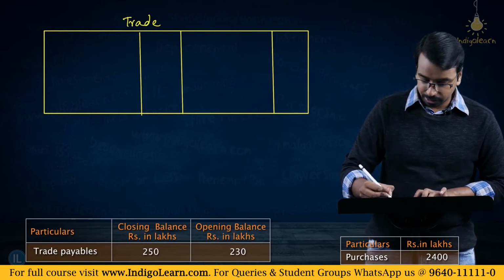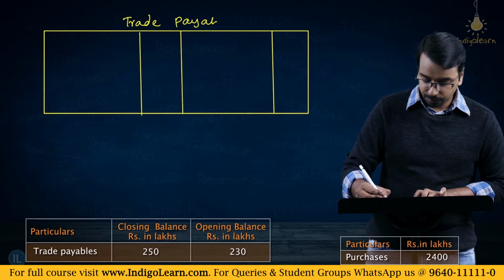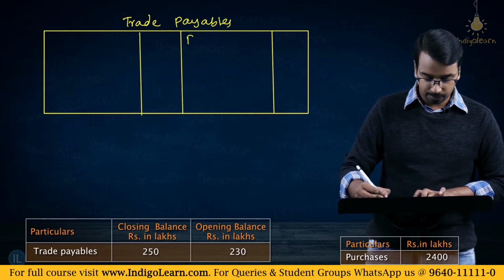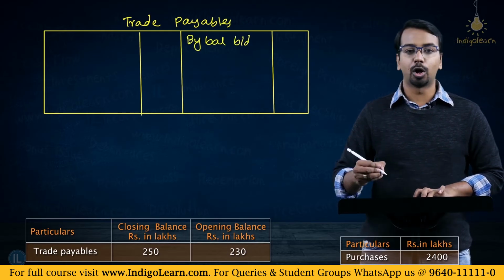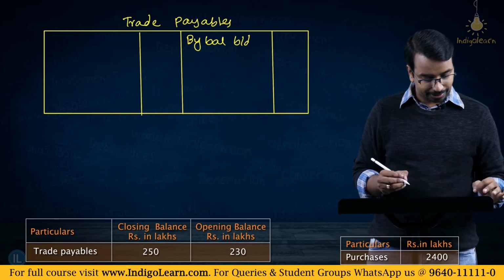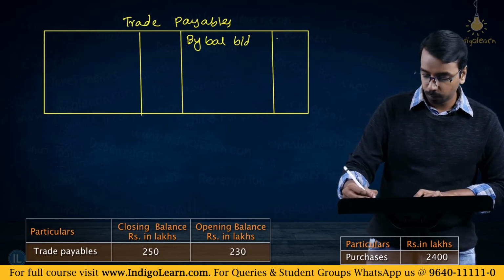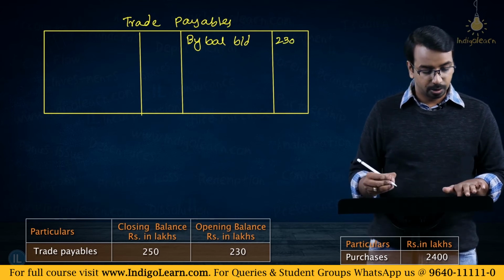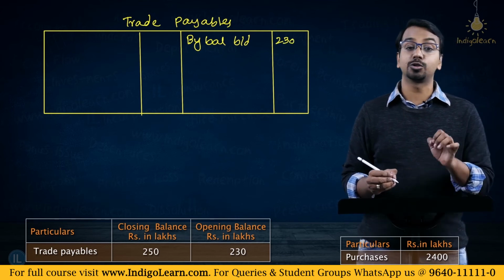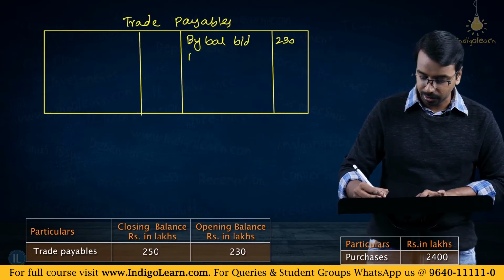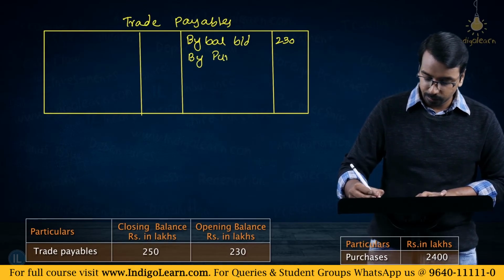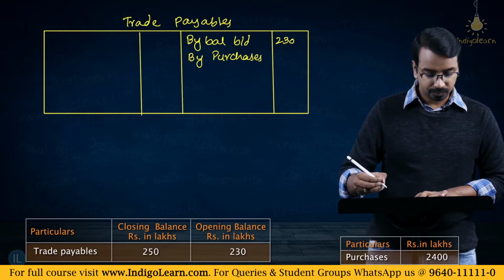So put a heading trade payables. So what is the balance? By balance brought down, the amount for trade payables is 230. Opening balance is 230. Purchases as per the question are 2400. So purchases you will credit. So by purchases, how much is the amount?